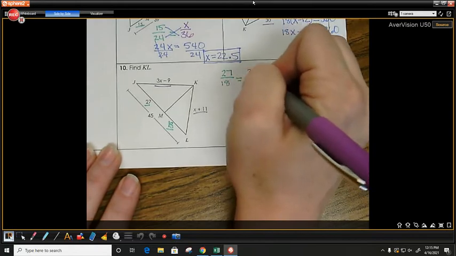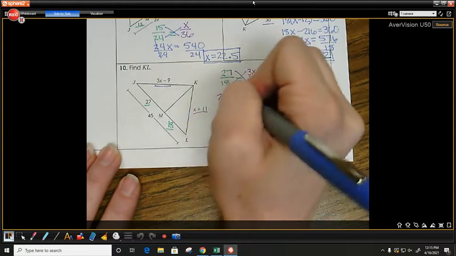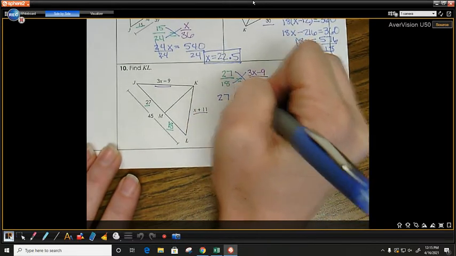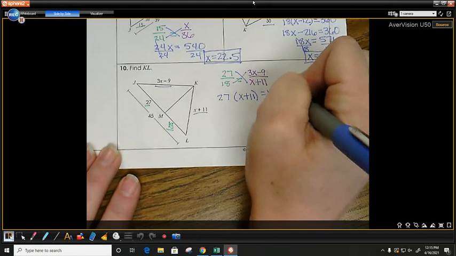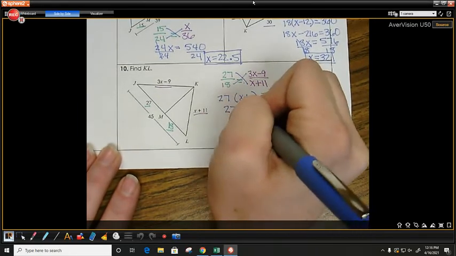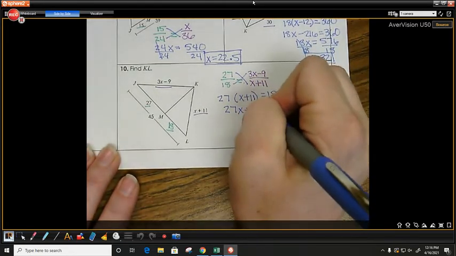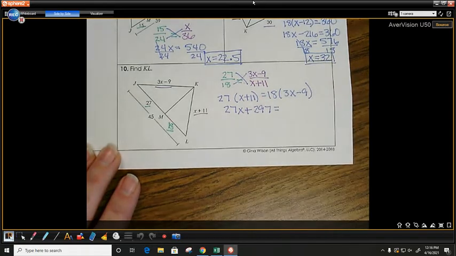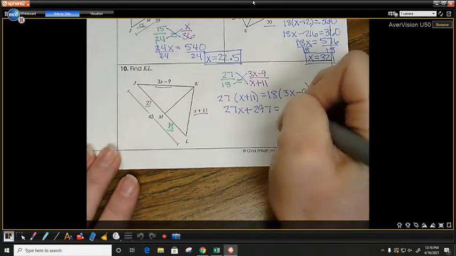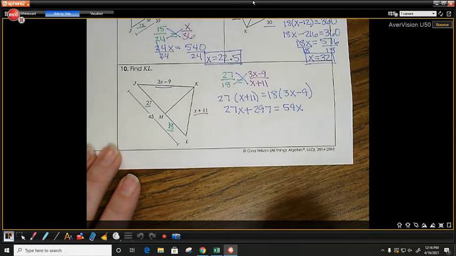And we are going to cross multiply. So I have 27 times x plus 11 equals 18 times 3x minus 9. So I get 27x plus 11 times 27 is 297 equals 18 times 3 is 54x minus 9 times 18, which is negative 162.